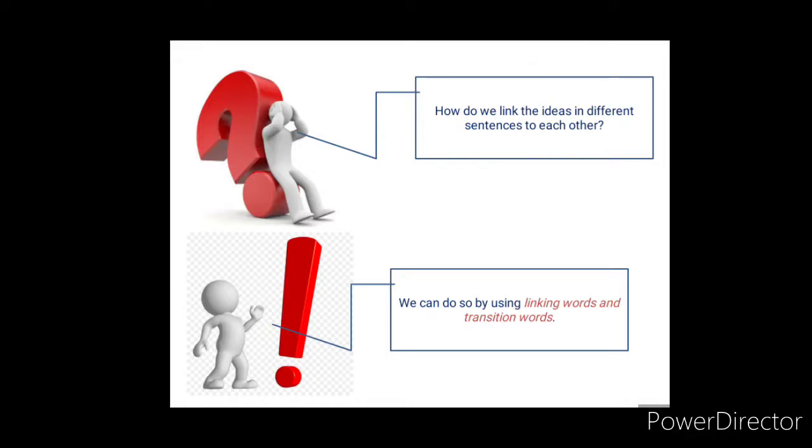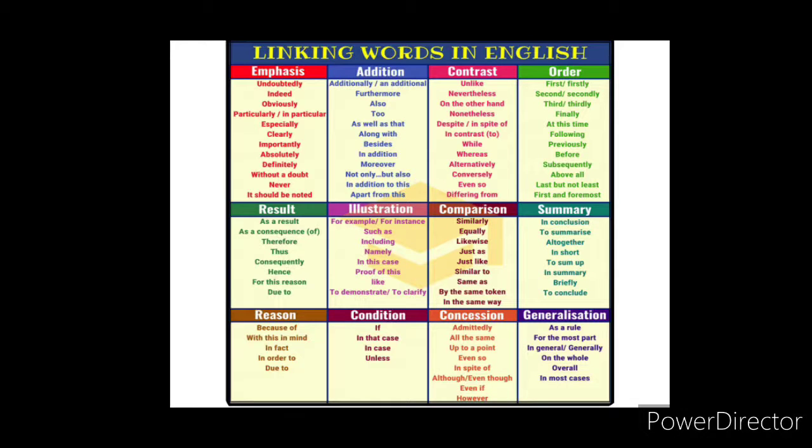How do we link the ideas in different sentences to each other? We can do so by using linking words and transition words. I hope you all are aware of that. The connectors. So you all can use connectors. Linking words: for emphasis, you can use words like undoubtedly, indeed, obviously. For addition, you can use additionally, furthermore.